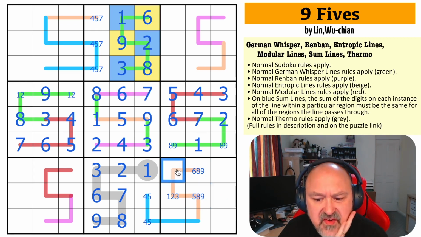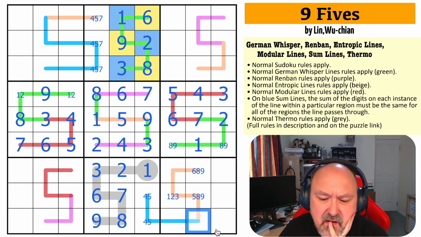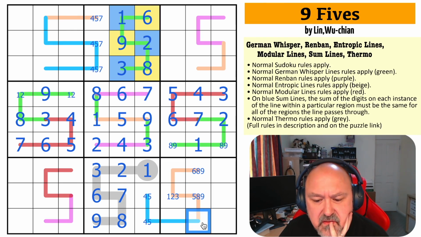If this is 5, 6, these are both high. If this is 8, 9, these are both middle. This would be 5 or 6. This would be 4. That can't be, can be high. It could be 7. If this is high, it's 7. And then that would be a 2. Which does seem possible.